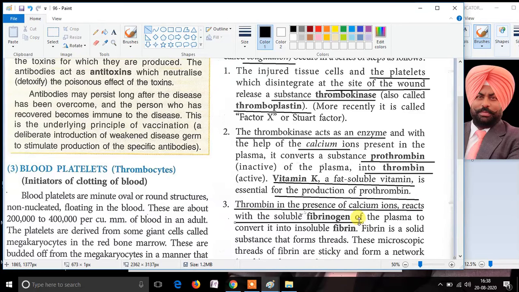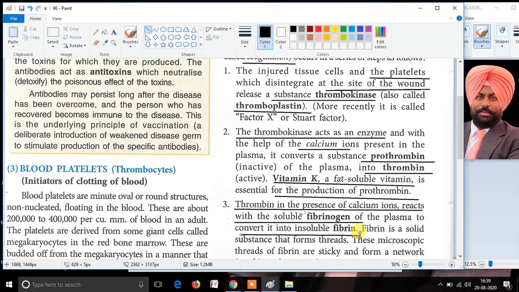This fibrinogen is already present in the liquid part, the plasma, of the blood, and the thrombin which was produced from prothrombin with the help of thrombokinase takes the help of calcium ions and reacts with fibrinogen, which is soluble in the plasma. After the reaction, this soluble fibrinogen is converted into insoluble fibrin.